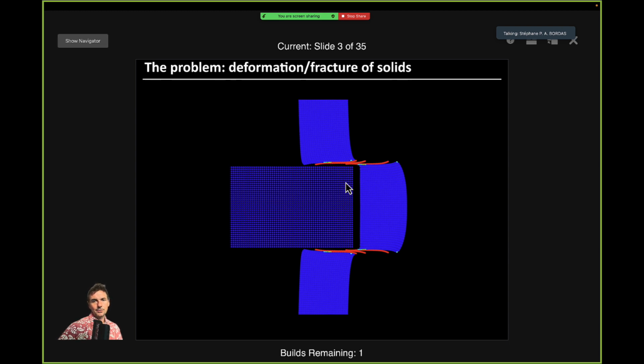Okay, so what you see here is deformation and fracture of solids. So this is a totally different type of problem than what we've talked about until now, in the sense that you have very large deformations and fragmentation.